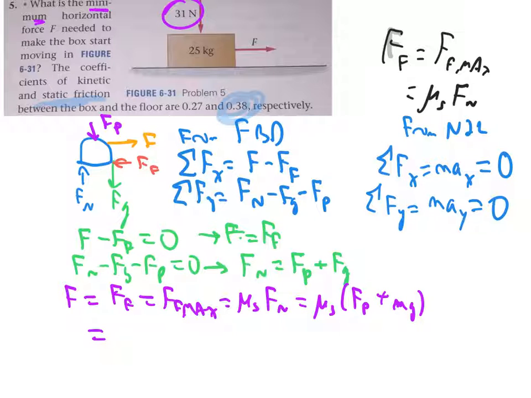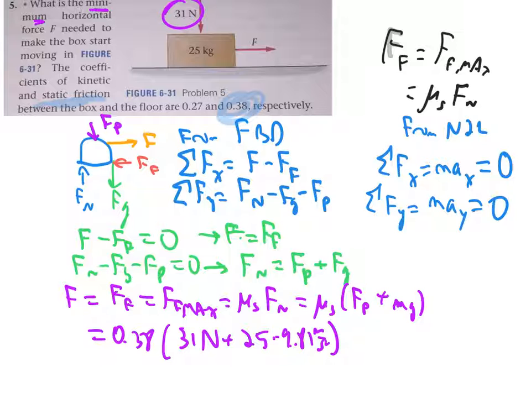So then we say it's 0.38 times the 31 newtons plus the 25 kilograms times 9.81 meters per second squared, which, by the way, is going to totally dominate that. That 31 is not going to be all that important. And we get 0.38 times all that stuff.